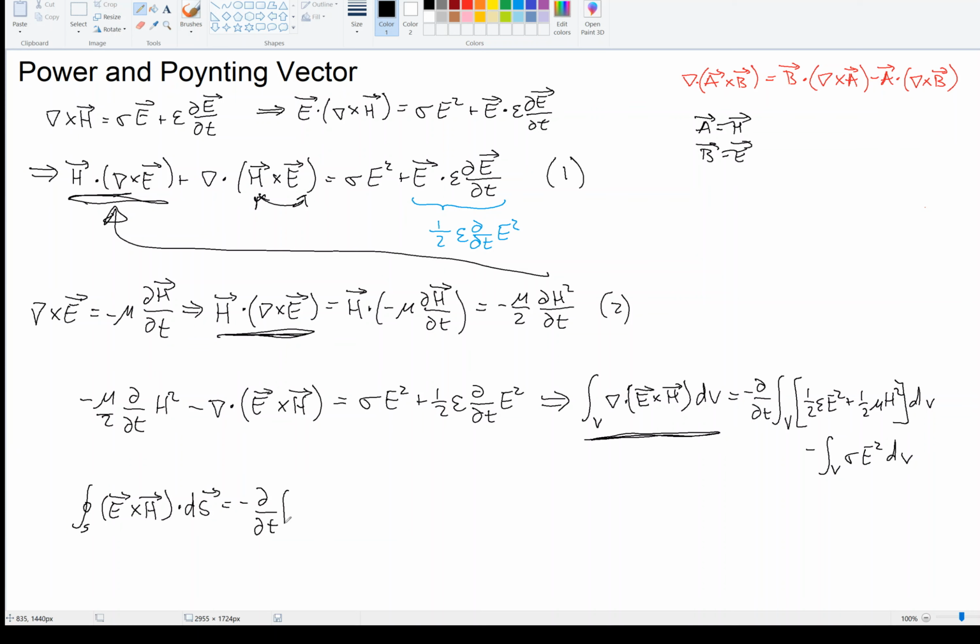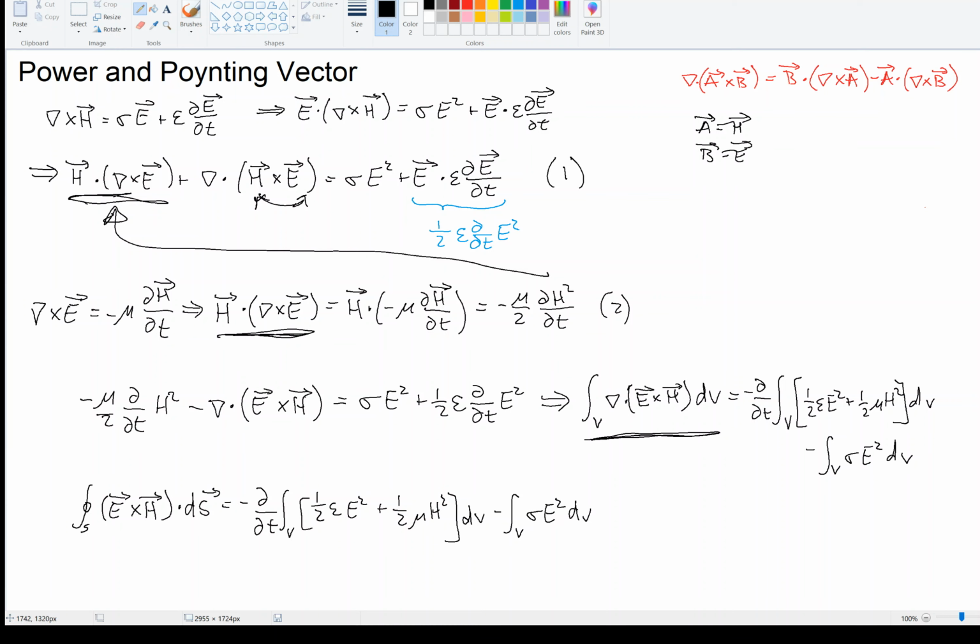So I've got the time derivative of the integral over V, 1/2, V is just some volume. It's just some volume in space. I'm going to be interested later in saying how much power is contained in this volume or traveling through the volume.